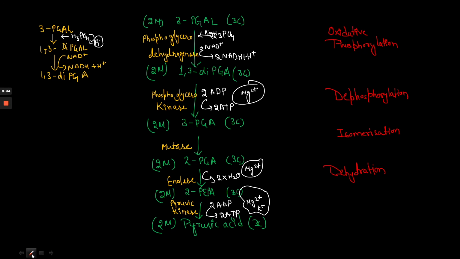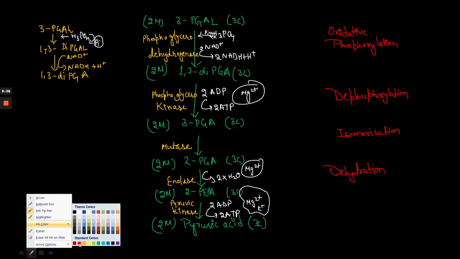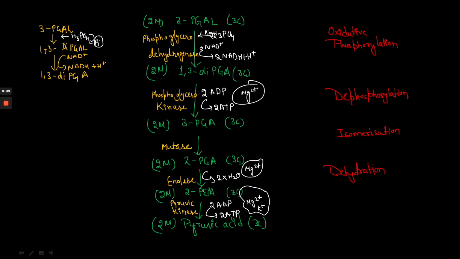Okay, and again here a phosphate group is being removed from this 2-phosphoenol pyruvic acid. So the step name is dephosphorylation.